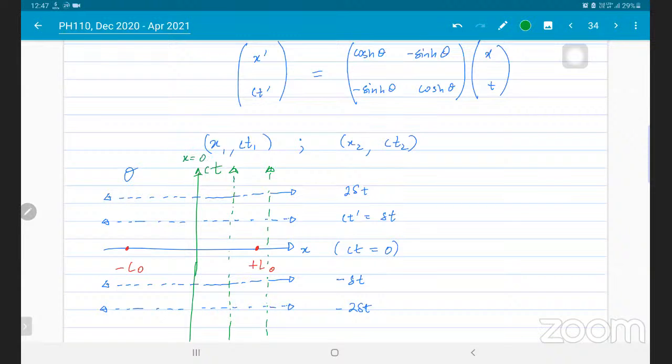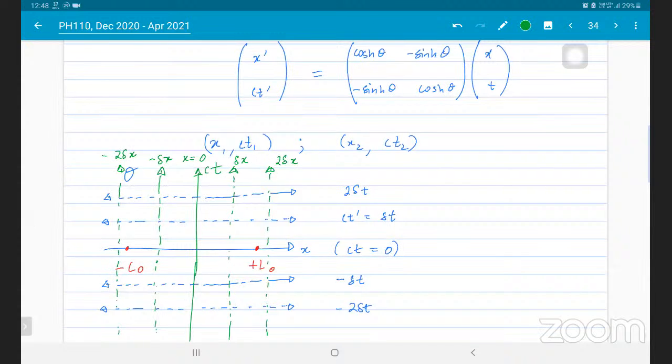This line we can say is delta x, this is 2 delta x, and in exactly the same way, my lines are not coming out very straight, but that's okay, this is minus delta x and this is minus 2 delta x.